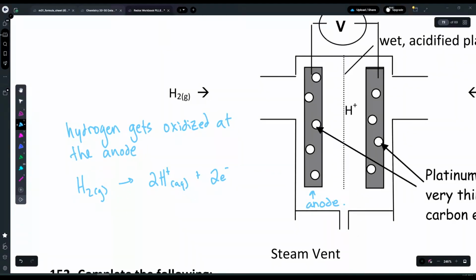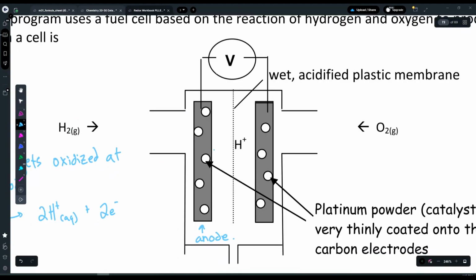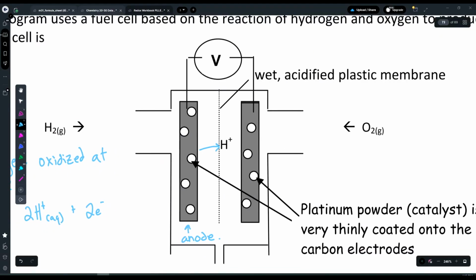So what happens to these hydrogen ions is they move across this wet acidified plastic membrane to get to the cathode, because if you remember, cations move towards the cathode, anions are going to move towards the anode.